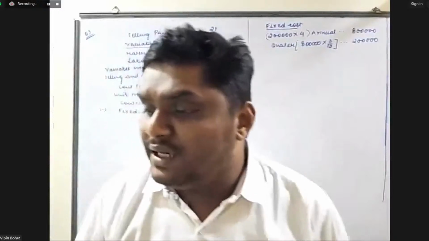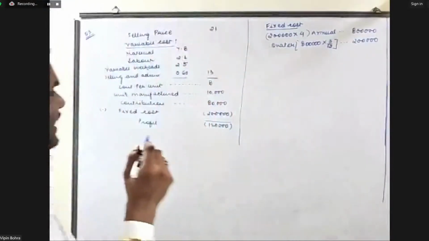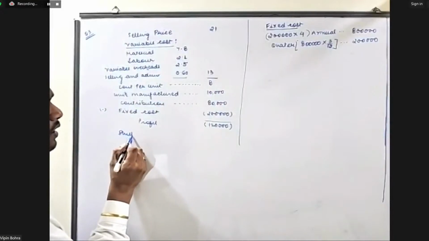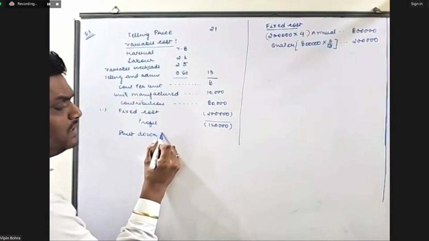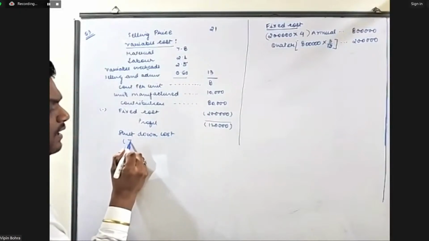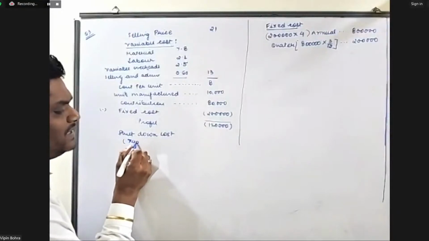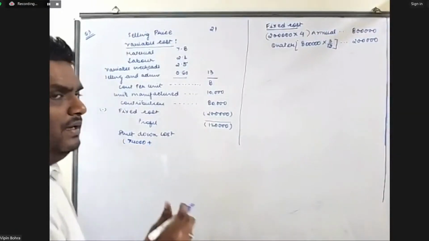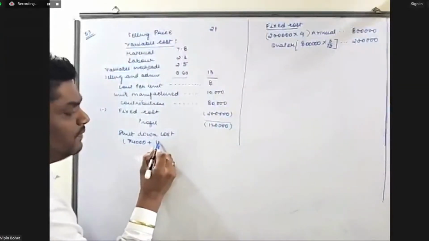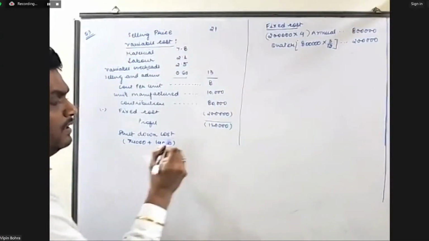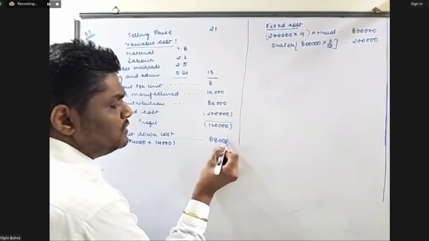However, it is given that the fixed manufacturing cost can be reduced to 74,000. So if we shut down during the quarter, there is some shutdown cost that is also incurred. That is, even if we shut down the plant, some cost will still be incurred. How much? 74,000 plus the additional cost of shutdown. It is given that 14,000. So it means even if we shut down the plant, there is a loss of 88,000.